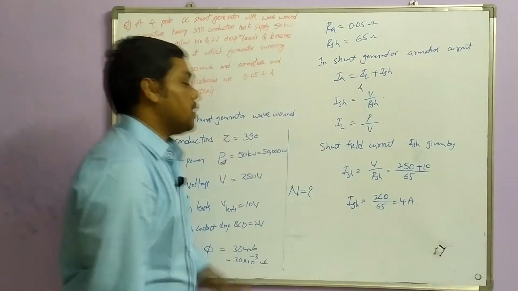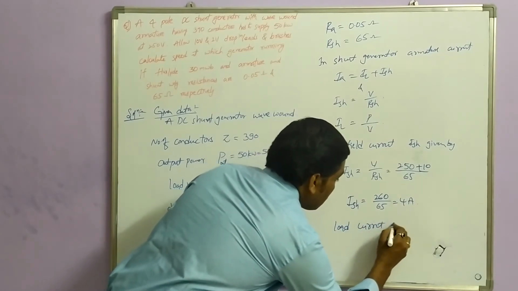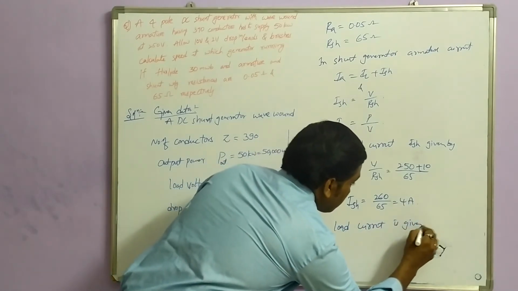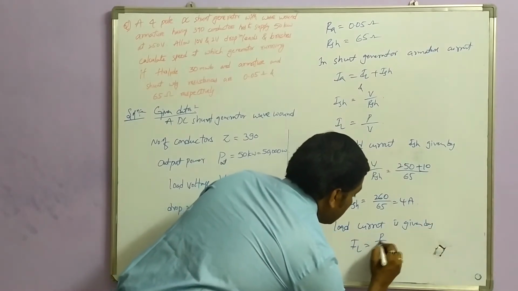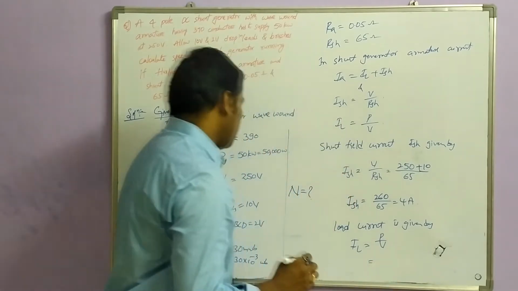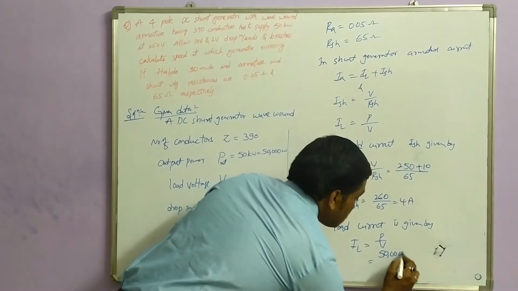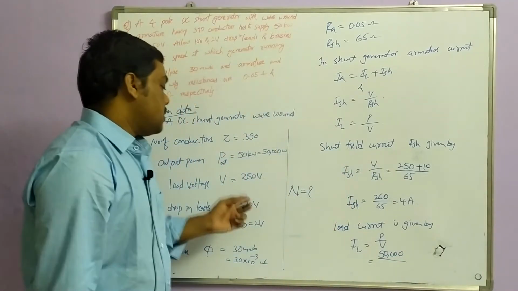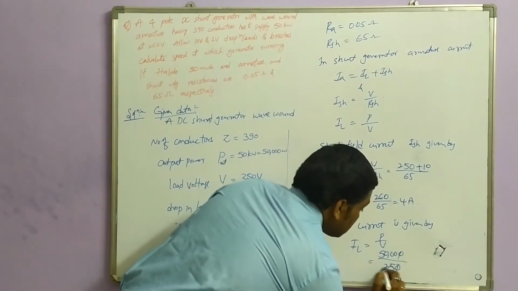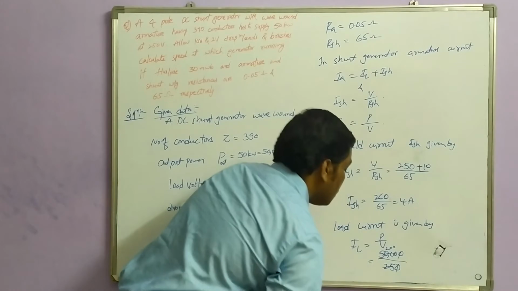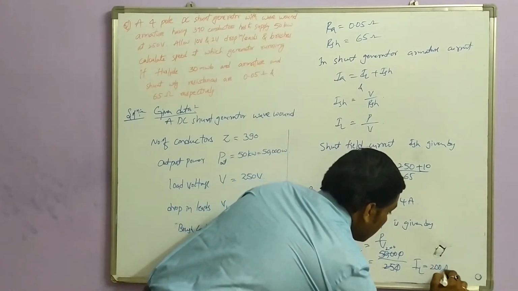What about load current? The load current IL is equal to P by V. P is 50 kilowatts or 50,000 watts divided by the load voltage 250. So the IL value is 200 amperes.